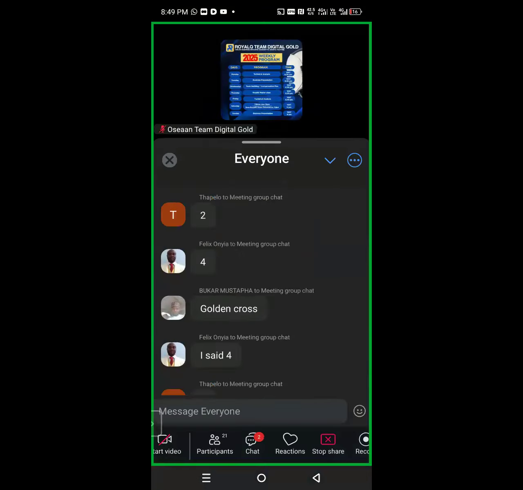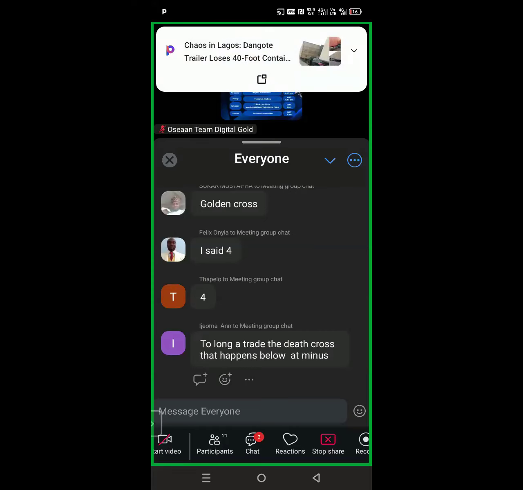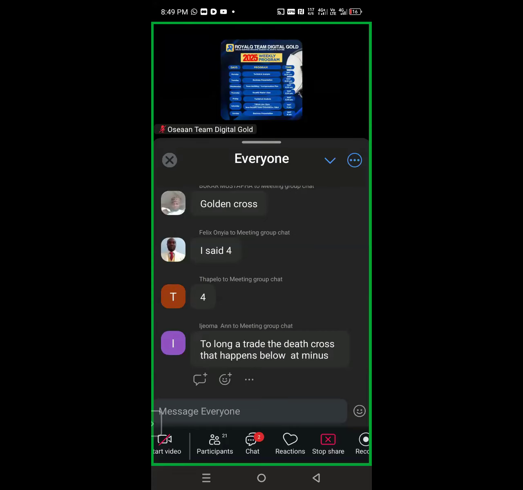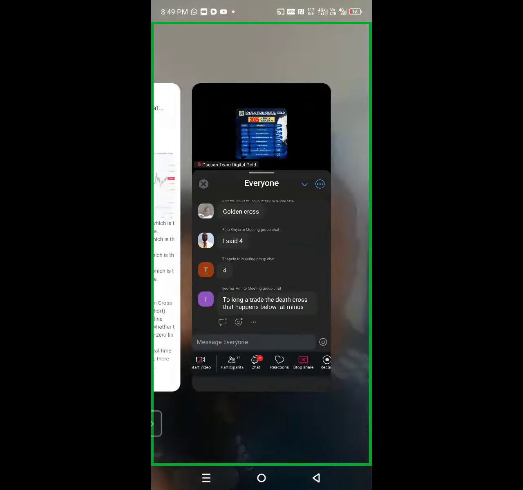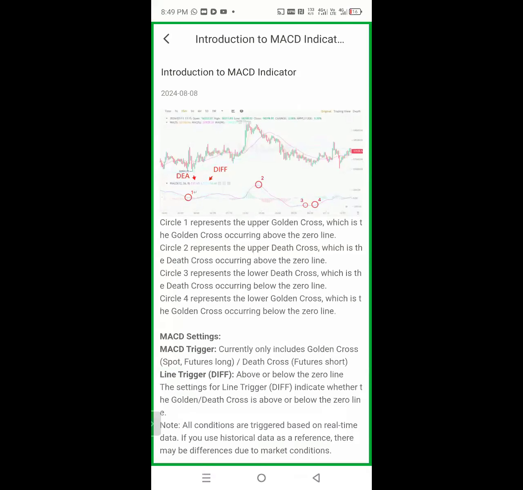Okay, 4. To long a trade, the death cross that happens below at minus? No, longing trades does not have anything to do with a death cross. To long a trade is the golden cross, not the death cross. A death cross is for shorting. If a death cross like number 2 happens above, you short it.